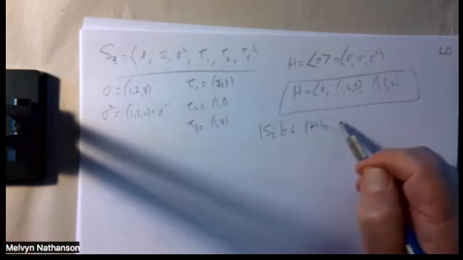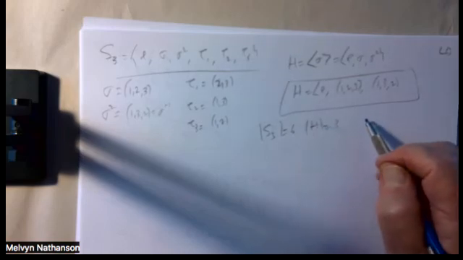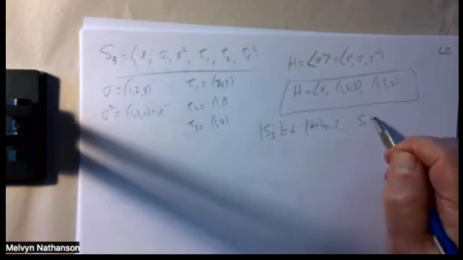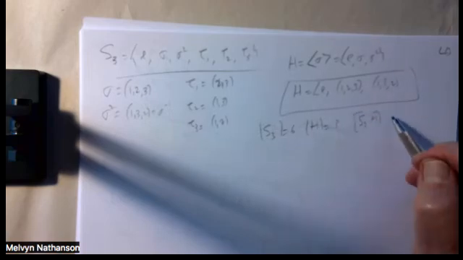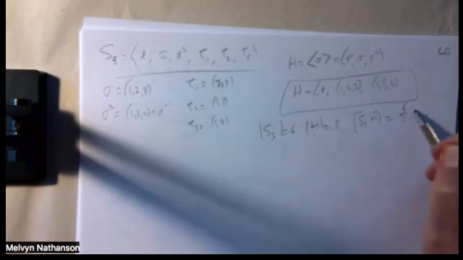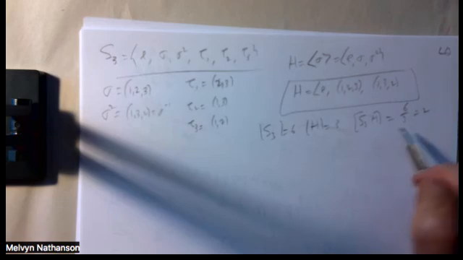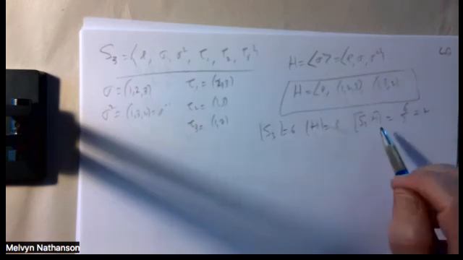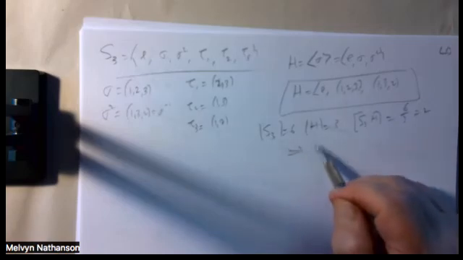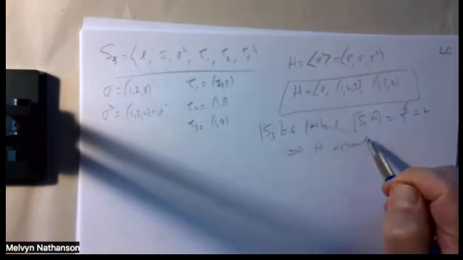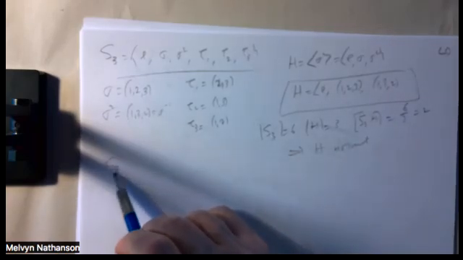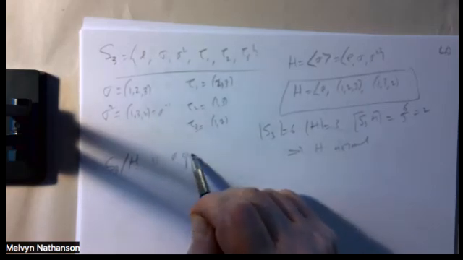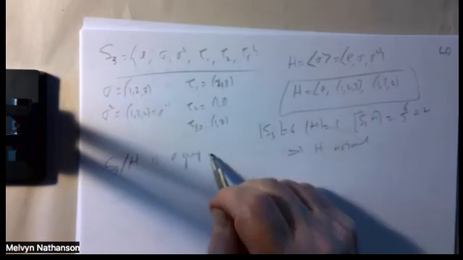The group H has 3 elements. So the index of H in S3 by Lagrange's theorem is 6 over 3, which is 2. So H has index 2. If H has index 2, that means H is normal. So S3 mod H is a group with 2 elements.